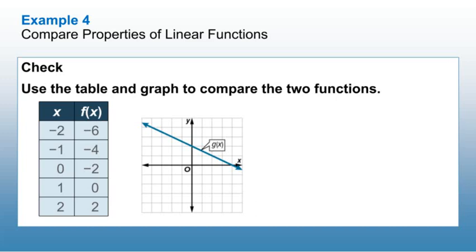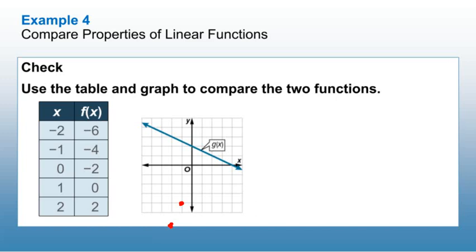So right now we could say, if we were to draw the table on here, let's do that. So -2, -6 would be roughly here. And then we'd have -1, -4.